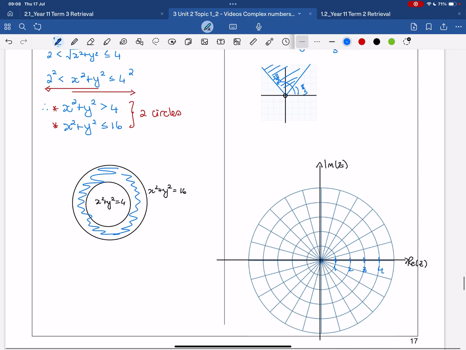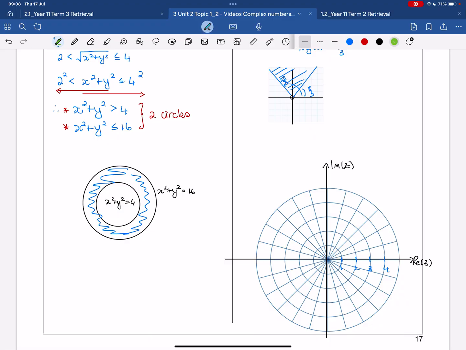All right. So let's sketch our first one. With a dotted line, because it is greater than. So there's my first circle. All right. And my second circle is going to be less than, and my radius is 4. So it's on this circle over here. Okay, and then I need to put my 2 rays in.